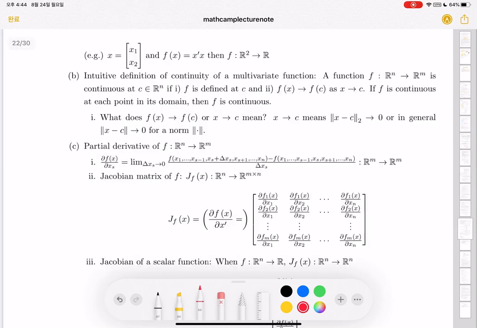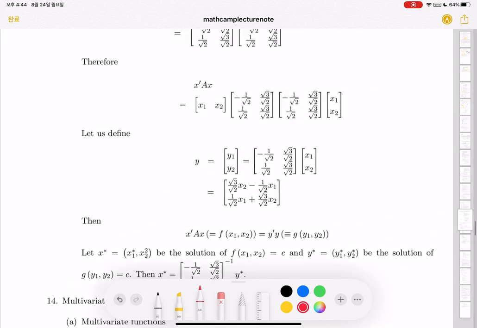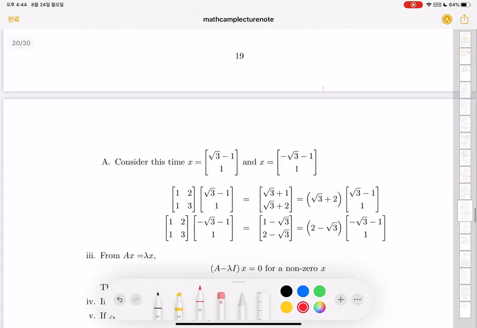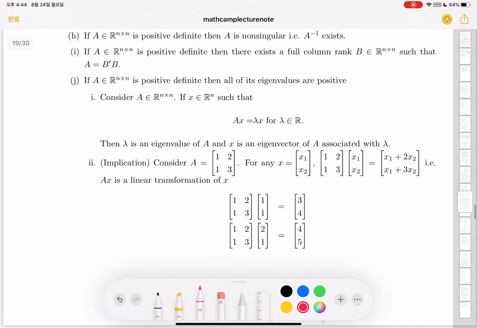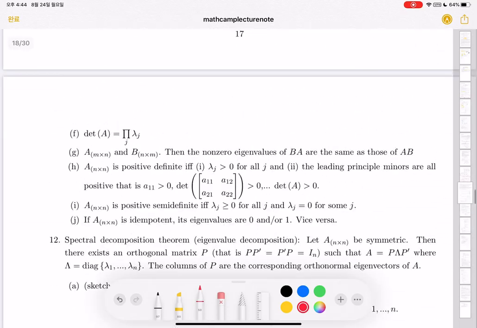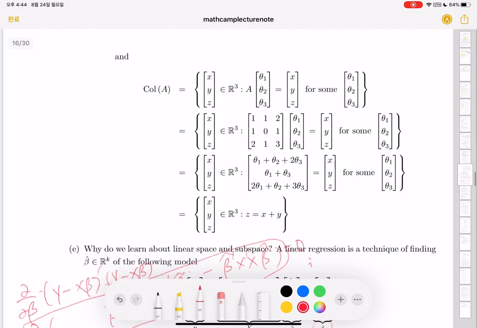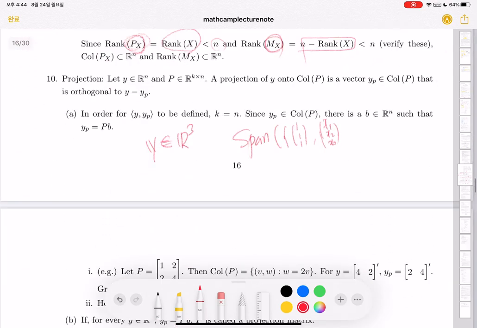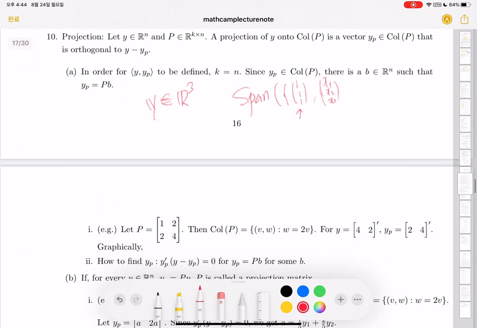I'm going to call this iota 3, and I'm going to call this x.